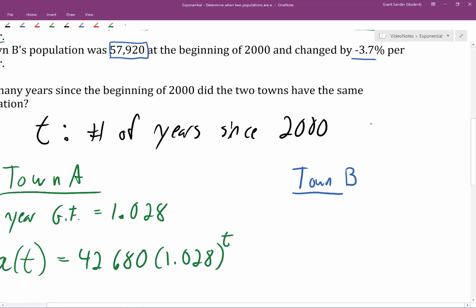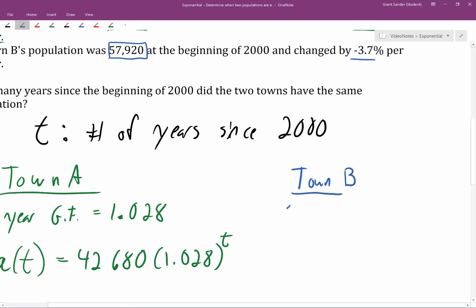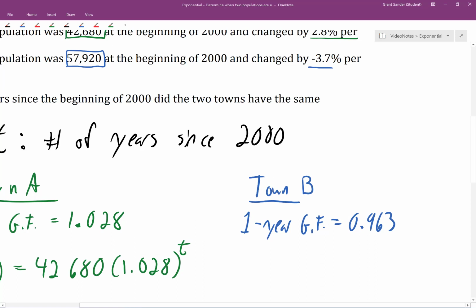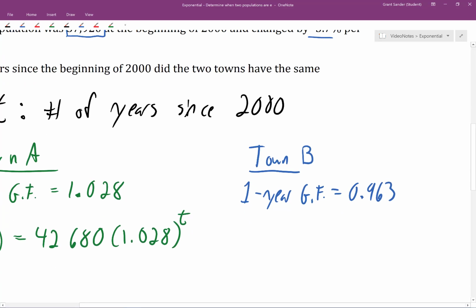So a 1 year percent change of negative 3.7 corresponds to a 1 year growth factor of 0.963. And this comes from the fact that each year that passes, we lose 3.7%, and so we're only keeping 96.3% of the population, and 96.3% of the population is 0.963 times as large as that population.